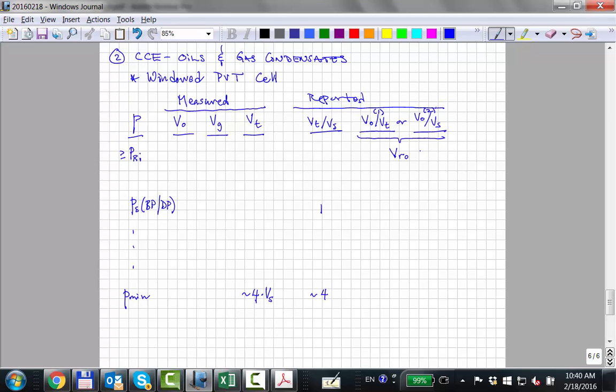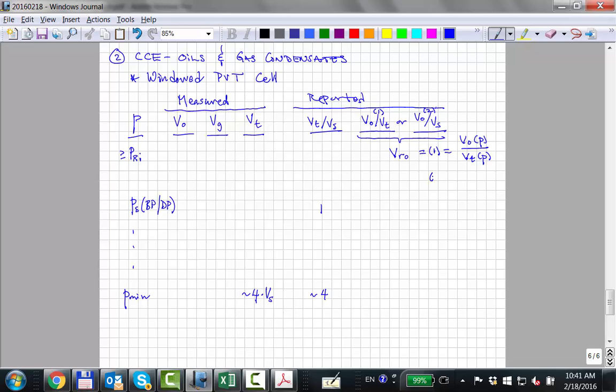The thing you need to remember is that the first definition is an oil volume which will vary with pressure divided by the total volume, which also varies with pressure. And the total volume at low pressures really varies a lot. So you're gauging the change in two volumes with pressure.